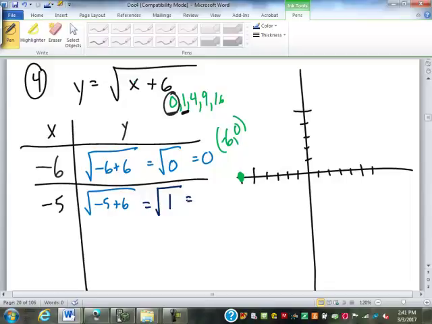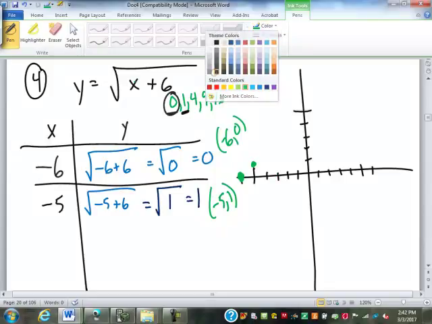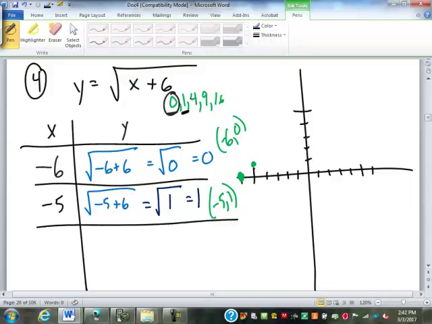And what is the square root of 1? 1. So that gives us the ordered pair when x is -5, y equals 1. So x is -5, y equals 1, right up there. So that gives the 1.